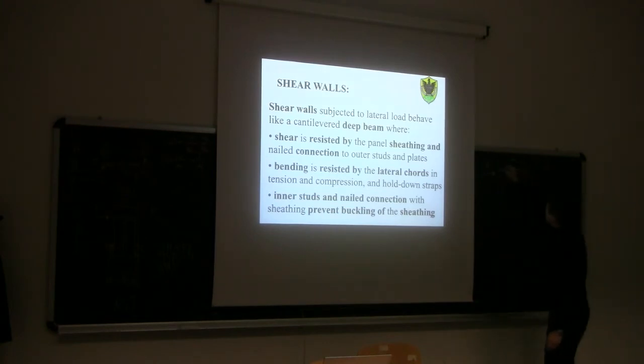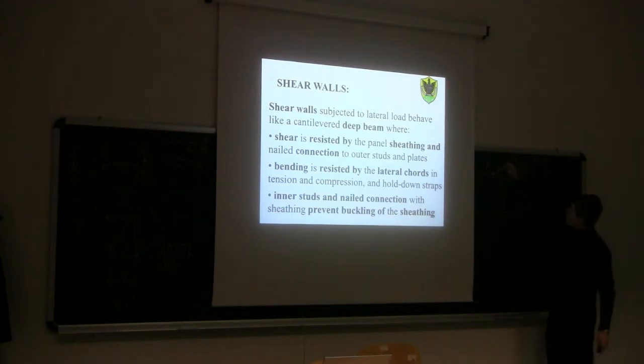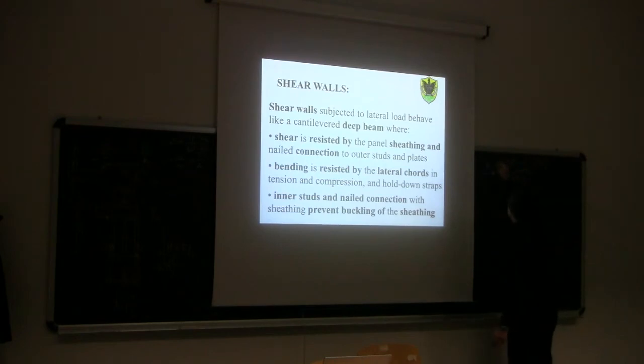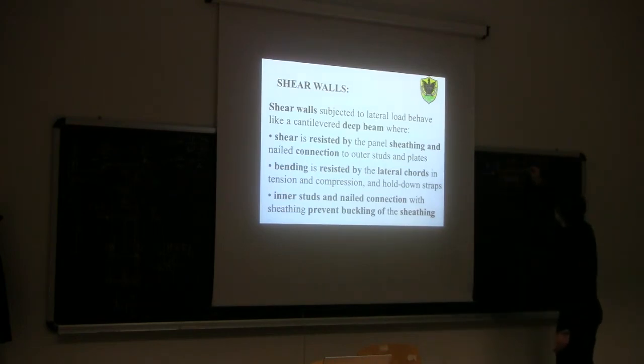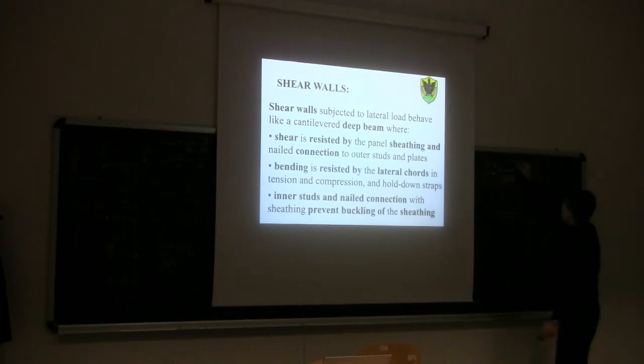If I do a cross section here, what is the value of the axial force here? F. This is F. Okay, what is the value at the end of the member? 0. So in between?